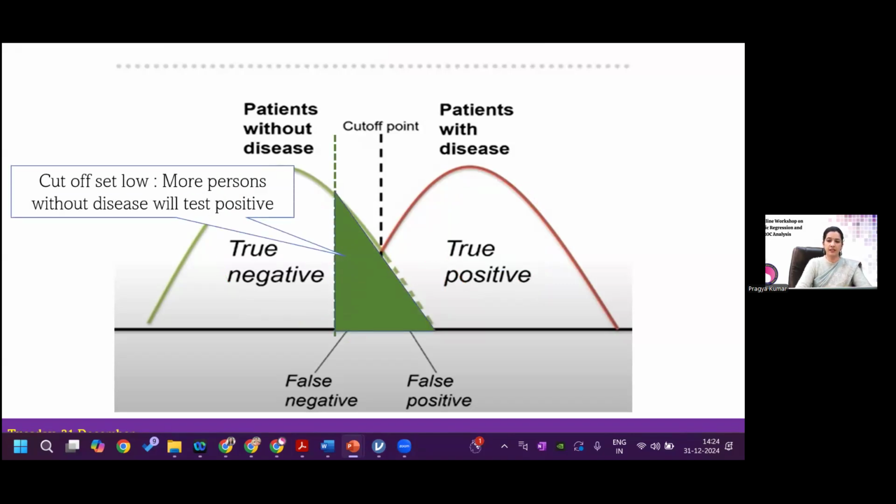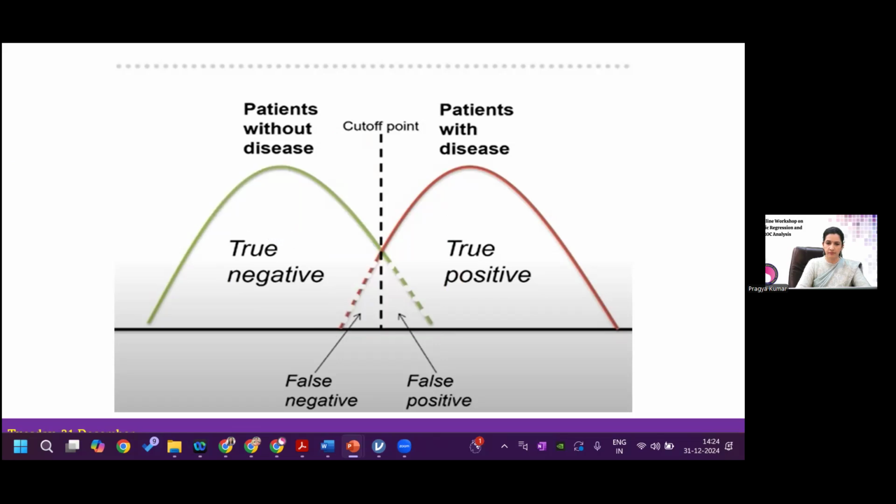Again, this was when the cutoff point was midway. When I have set the cutoff point at this value, here in between, I am giving equal weightage to both false positive and false negative.